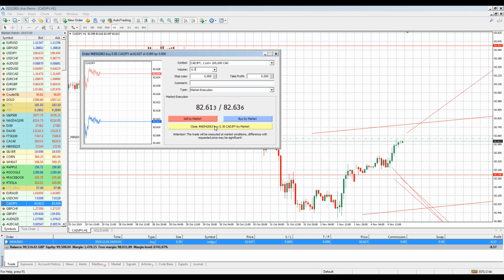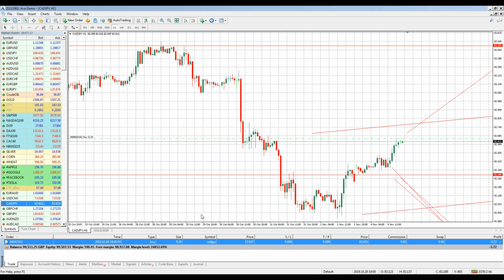So that's one way of compromising with yourself. If you reach that first resistance level like you see here, but you say, wow, it's still uptrending, should I close it? Shouldn't I close it? Well, okay, let me close part of it. Boom. Now instead of having half a lot open, I only have 0.2. So now I just took 0.3 out of 0.5, assuming this climbed today and I was in profit with it.